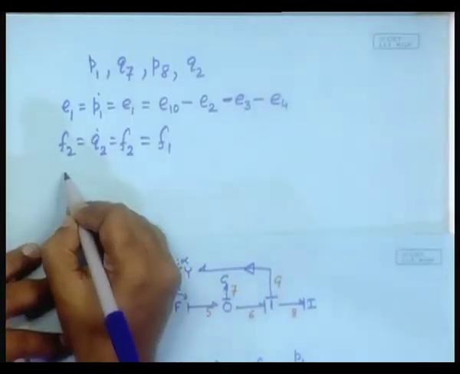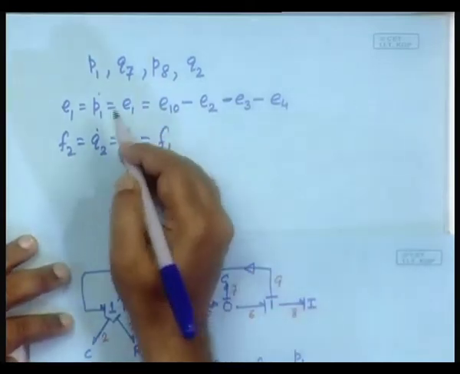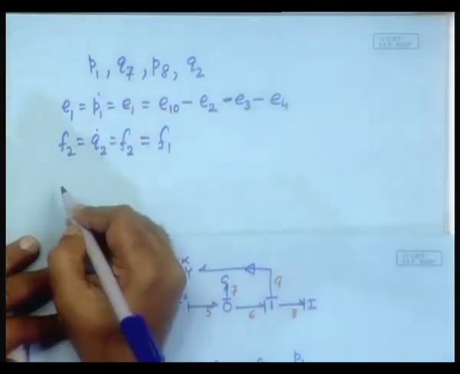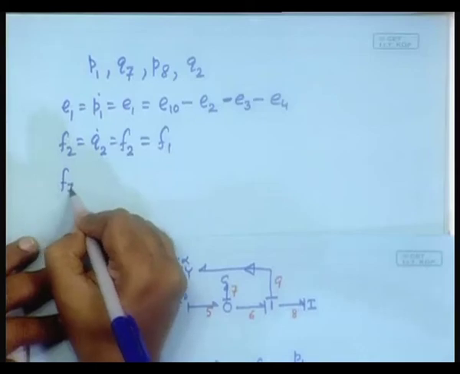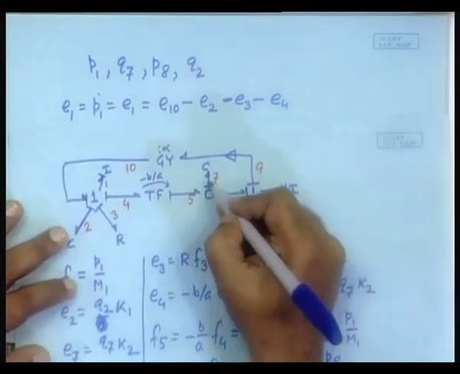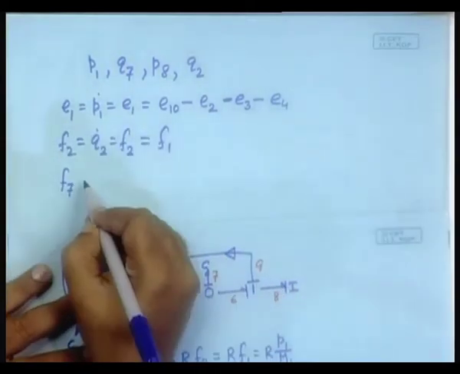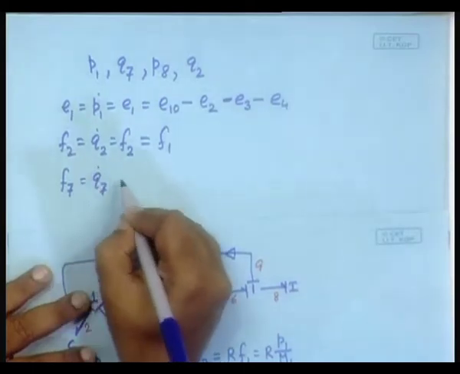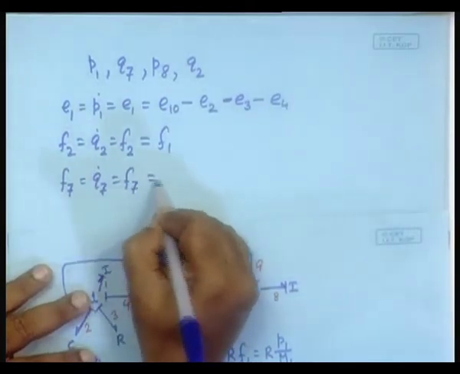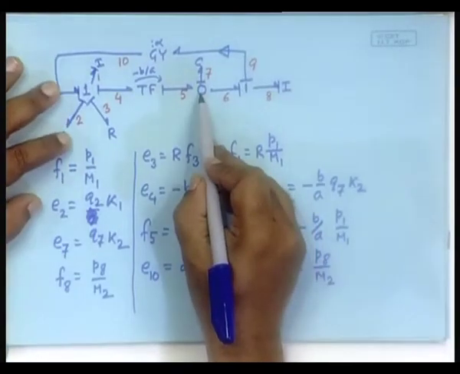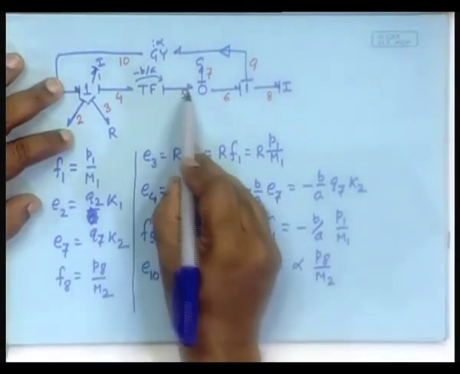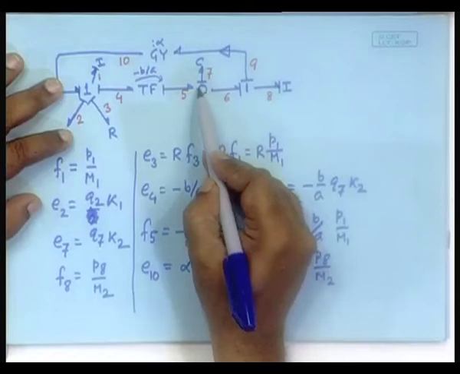Then we ask the question Q7. So, it receives F7. Q7 dot is equal to F7. Where does this information come from? F7 is F5 minus F6, right, it is a 0 junction.